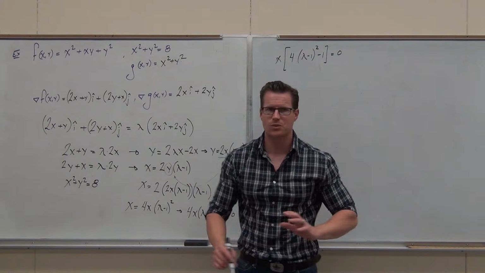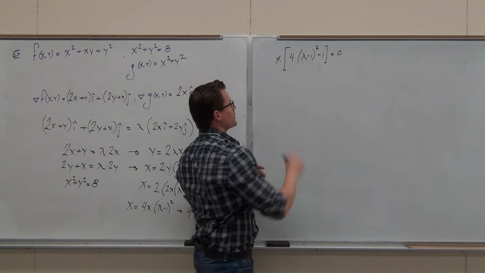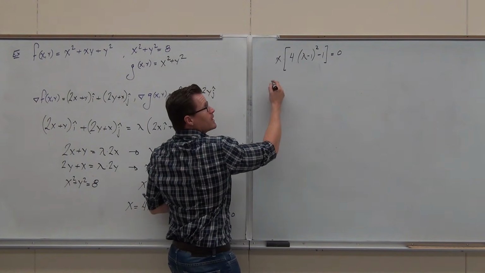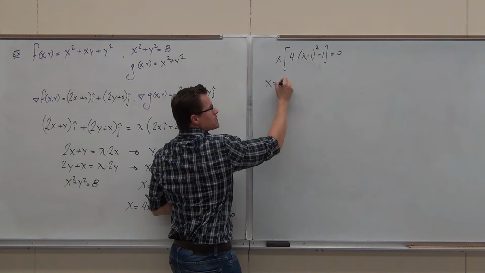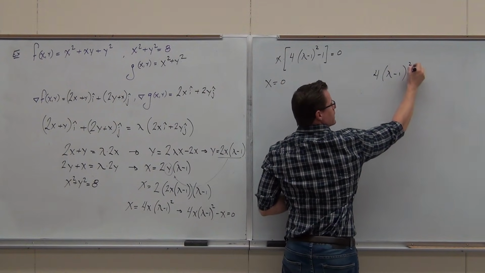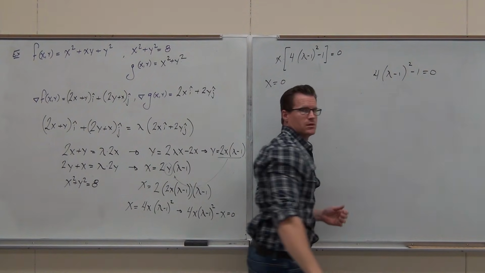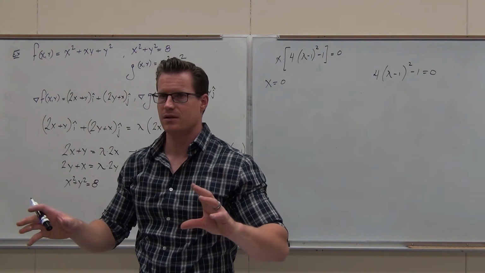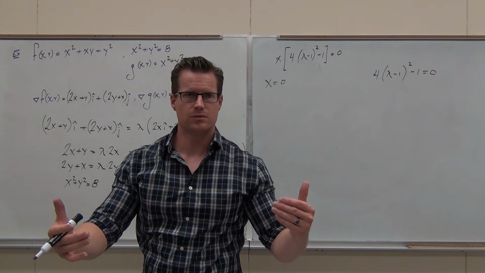I'm going to factor the x away. Now, because that's a product of two things equal to 0, I know we have two cases. Either x equals 0 or 4(lambda minus 1) squared minus 1 equals 0. One of those two things has to be the case for us to get this equal to 0.